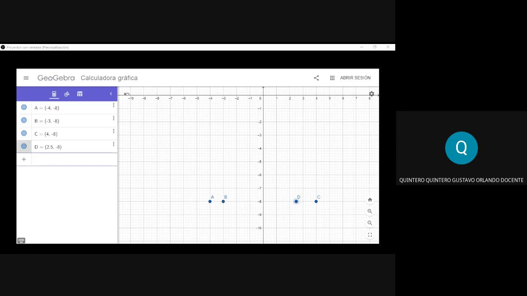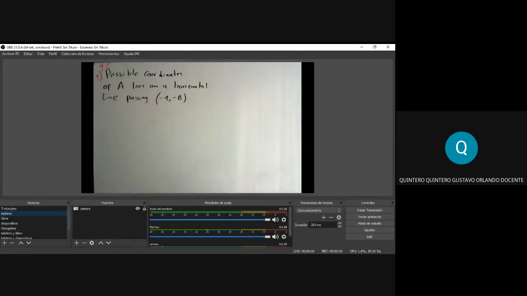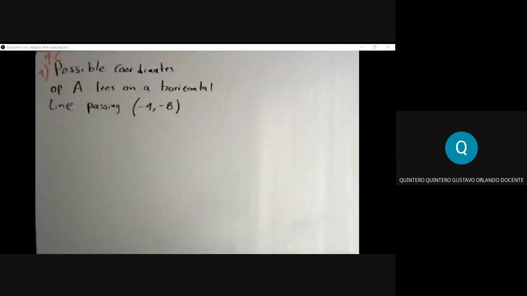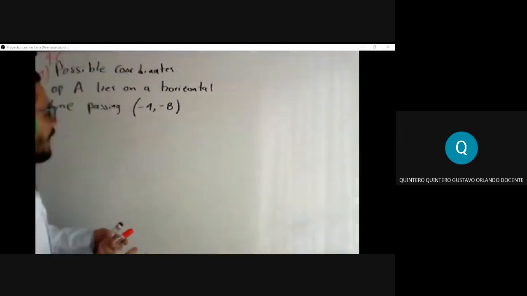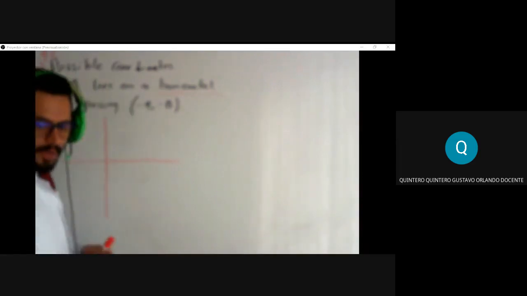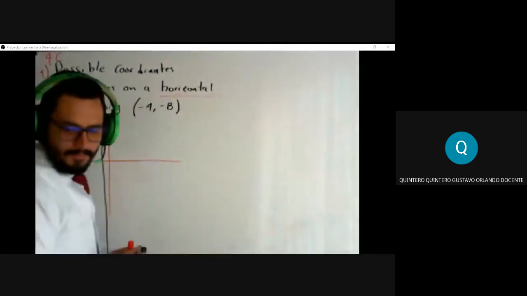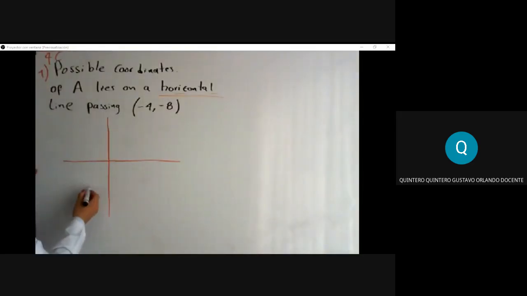So let me get back to my board. There we go. With what we know, if you're looking for a horizontal line, using a Cartesian plane, what we know is that our point, -4, -8, could be something over here. -4, 1, 2, and 8, over there.